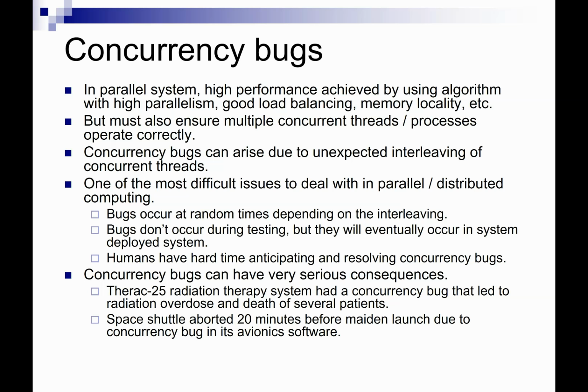There was another bug where, for the first launch of the American space shuttle, there was a concurrency bug in the avionics software. This was discovered right before the actual first launch, and so they had to abort the first launch.